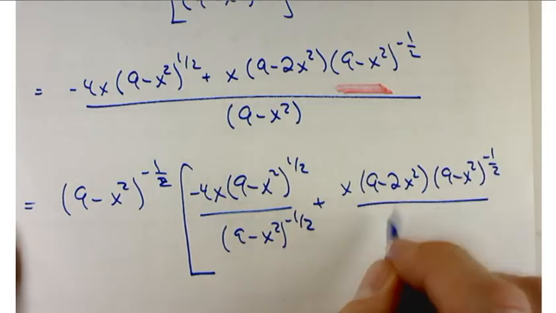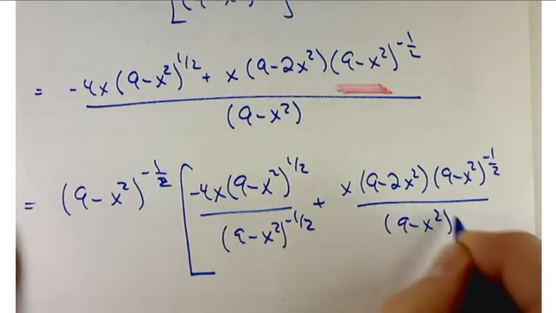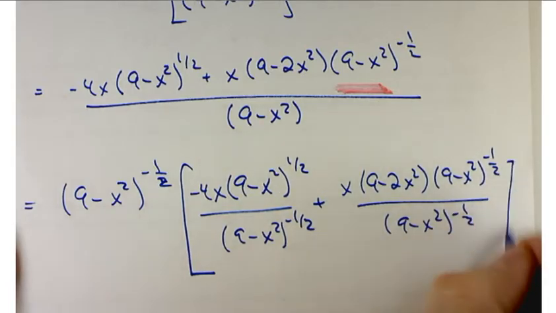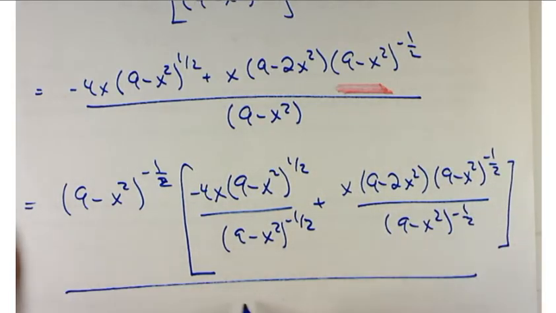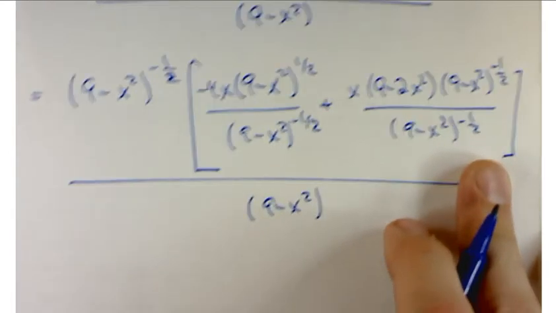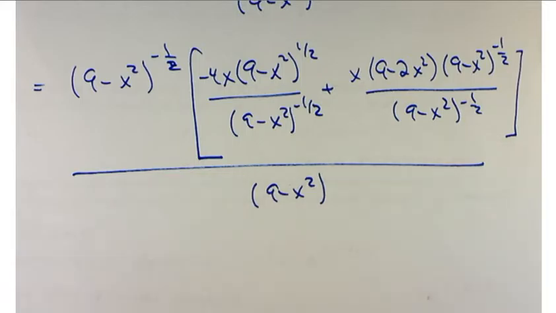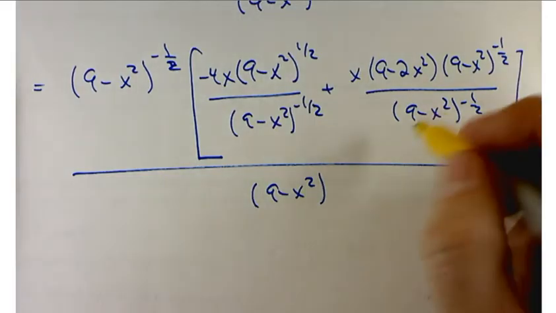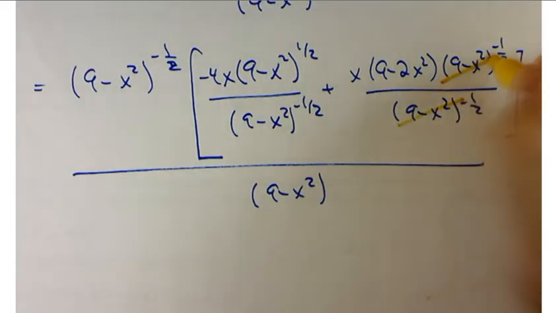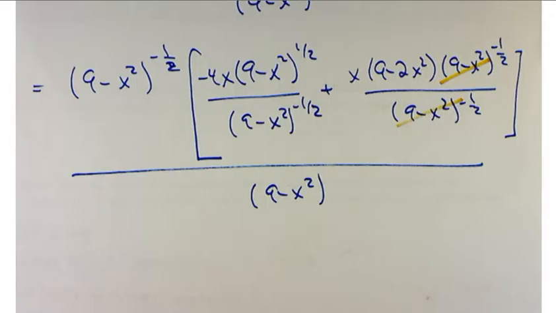over 9 minus x squared to the minus 1/2, divided by 9 minus x squared, and that's to the first power, essentially. Okay. So some nice cancellation here. This term and this term are completely gone. What happens here?